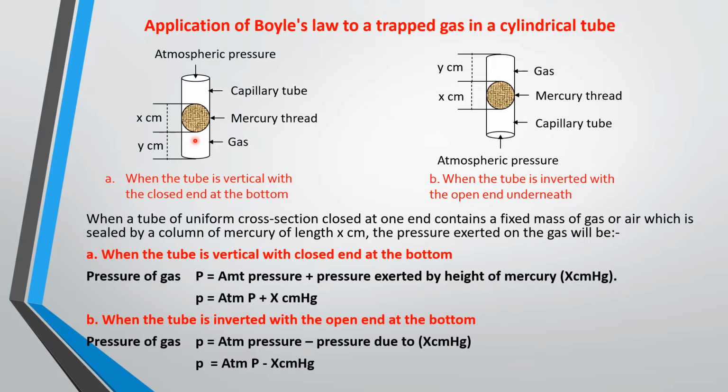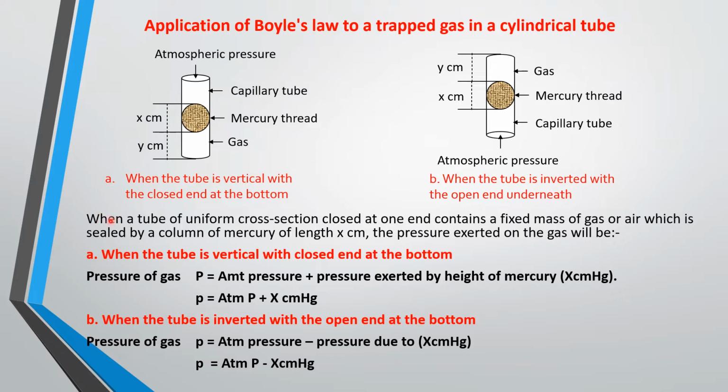Then when the tube is inverted, that is, the closed end is at the top and the open end is at the bottom, there's also an equation for that. Then when the tube is held horizontal, there's an equation for that. So that is what we want to discuss in this particular class.